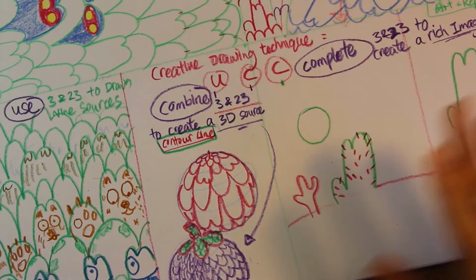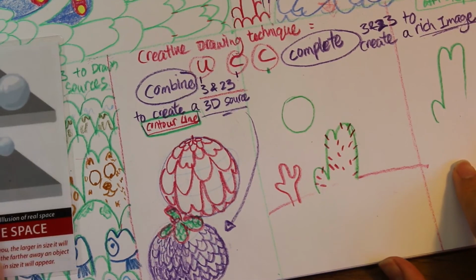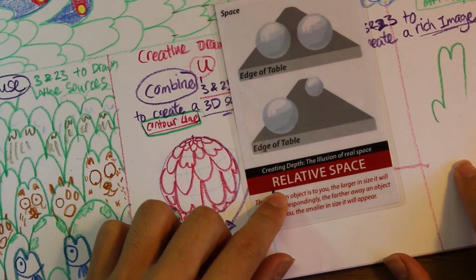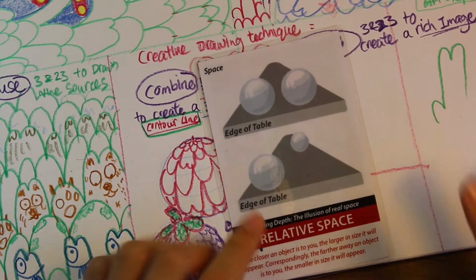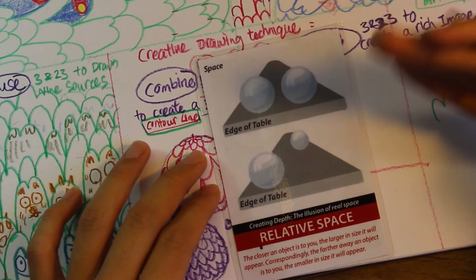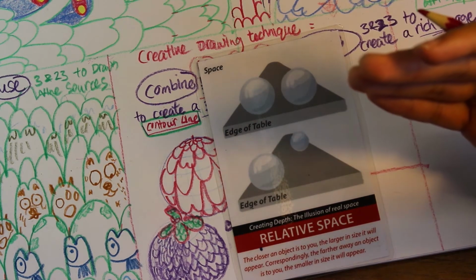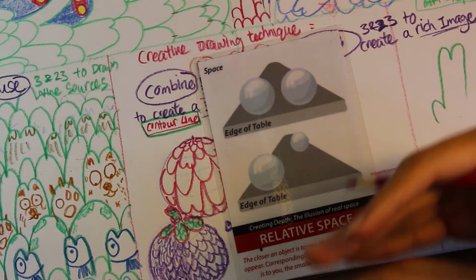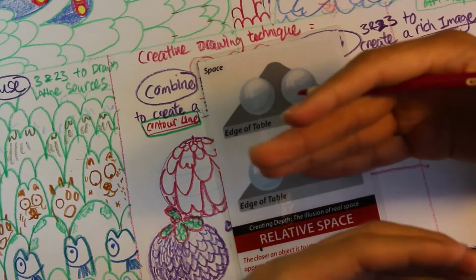One thing here I want you to learn about is relative space. Relative space is another type of space for us to draw something to create the illusion of depth, the distance.